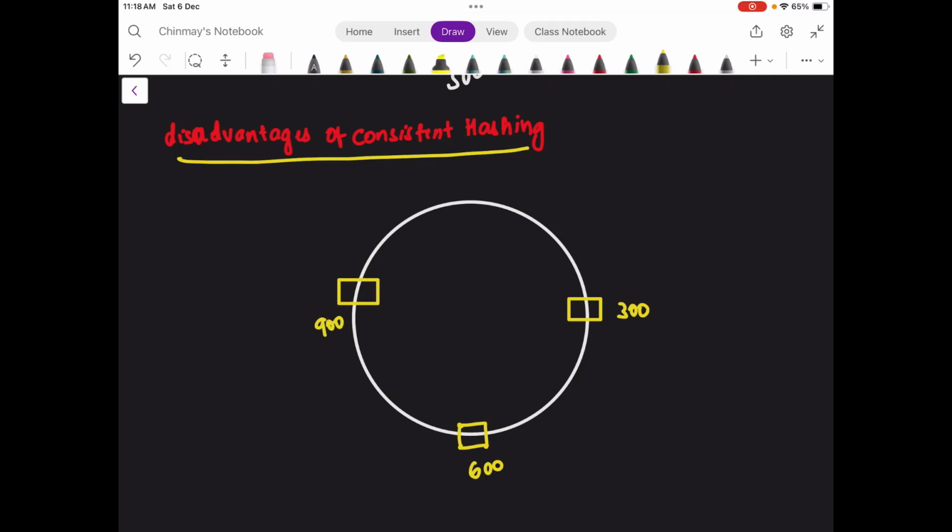Hash IDs from 900 to 300 will go to the 300 node, 300 to 600 will go to the 600 node, and 600 to 900 will go to the 900 node. The lower limit is 0 and the upper limit is always under 1000.